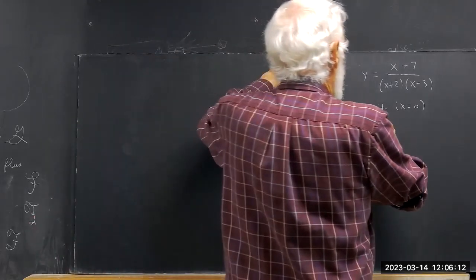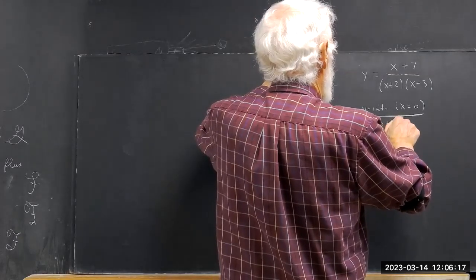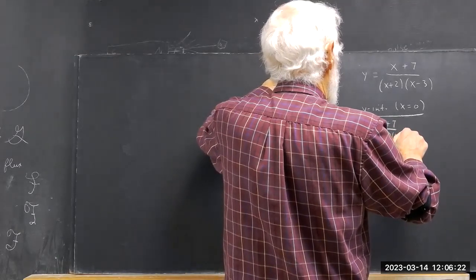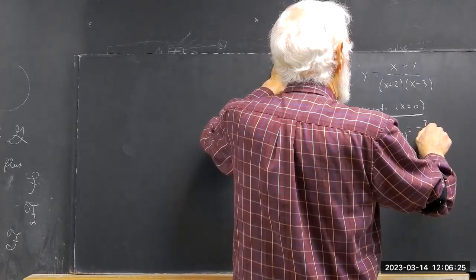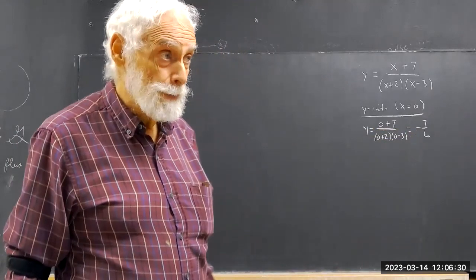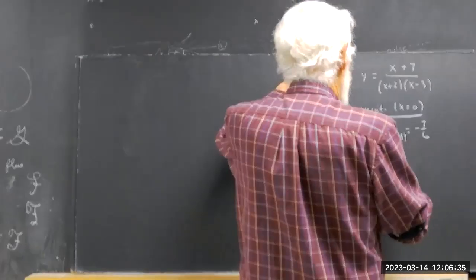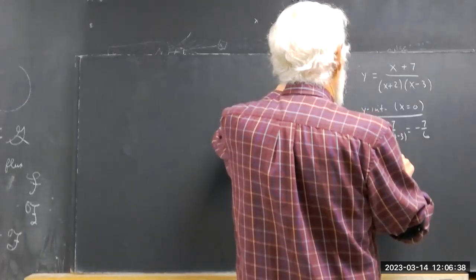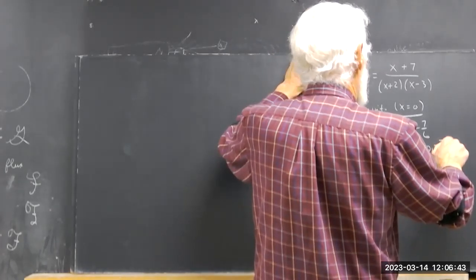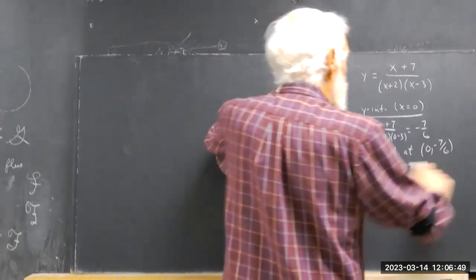Okay, so let's write this out. Then you let x equals 0. Can you find that y equals -7 over 6? And I would write out, so your y-intercept is at (0, -7/6).